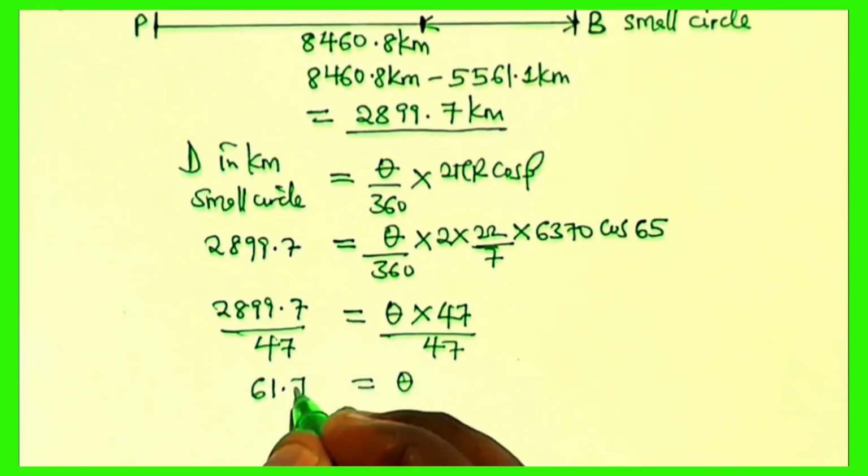Therefore, since the value of theta here is representing the difference in degrees between where the plane is towards airport B, to find the longitude at which the plane P is found, we are going to consider that we take 145 degrees, which is on the western side of Greenwich, and then we subtract 61.7 degrees.